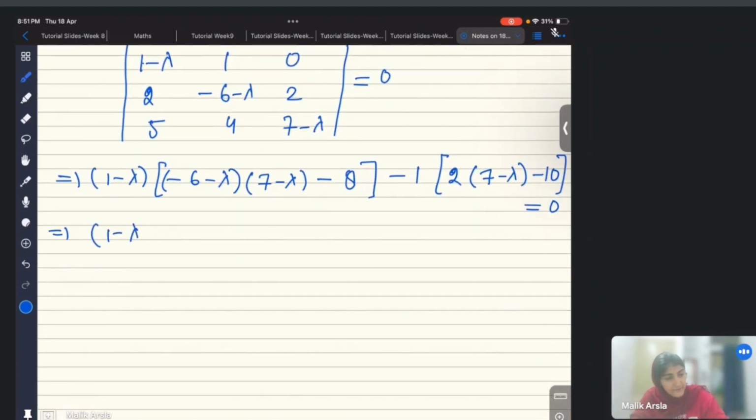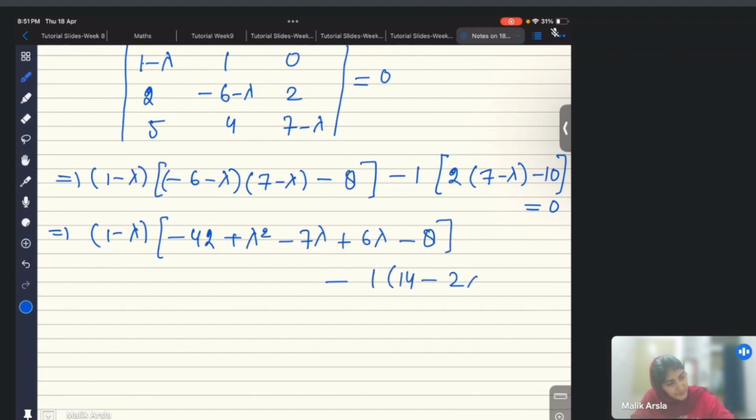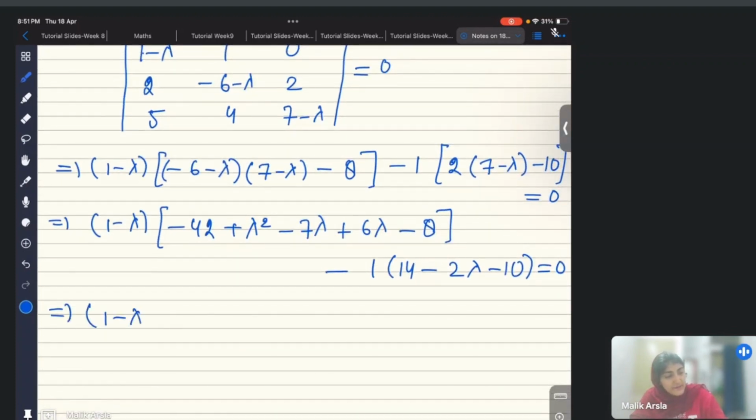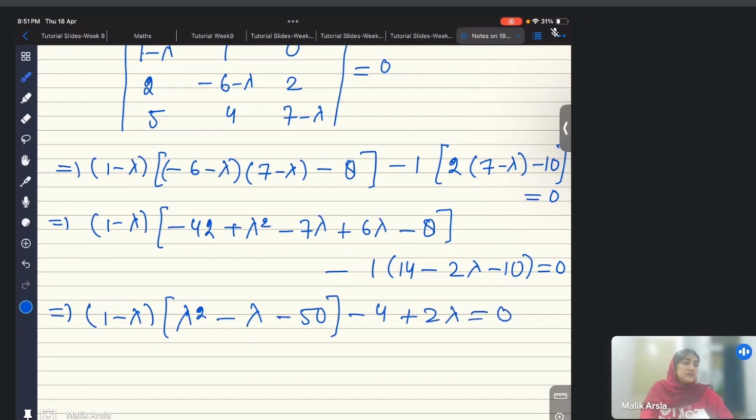It will be 1 minus lambda into minus 42 plus lambda square minus 7 lambda plus 6 lambda minus 8, minus 1 into 14 minus 2 lambda minus 10 equal to 0, which is 1 minus lambda into lambda square minus lambda minus 50, minus, since 14 minus 10 is 4, minus 4 plus 2 lambda is equal to 0.